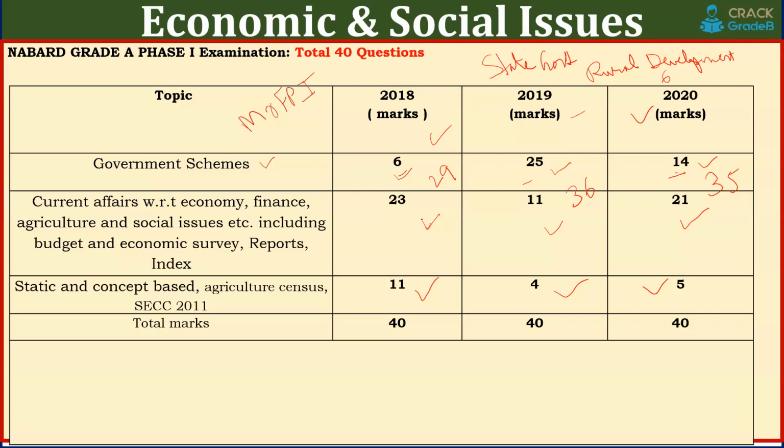And specifically the current news related to the economy, particularly any GDP related news. Suppose a GDP report is released by the IMF, World Bank, ADB, OECD, and any report by the World Economic Forum and UN reports.